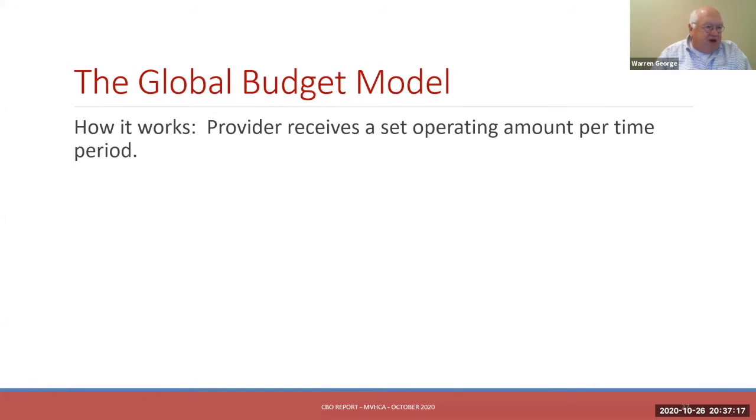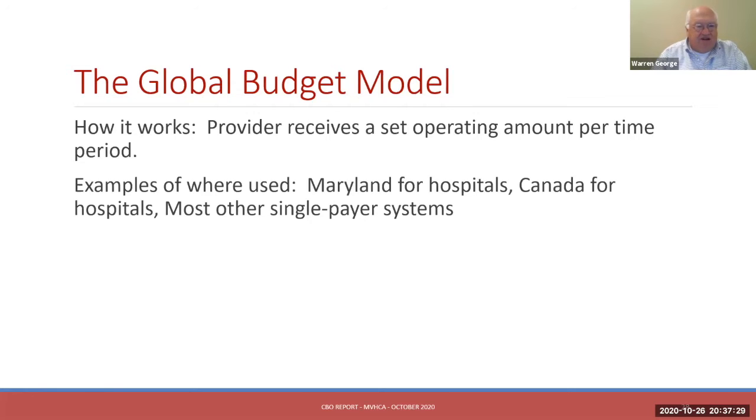The global budget model: the provider receives a set operating amount per time period, usually a year. Some adjustments may be allowed when conditions change during the year. Examples of where used: Maryland uses this in their multi-payer system for hospitals.